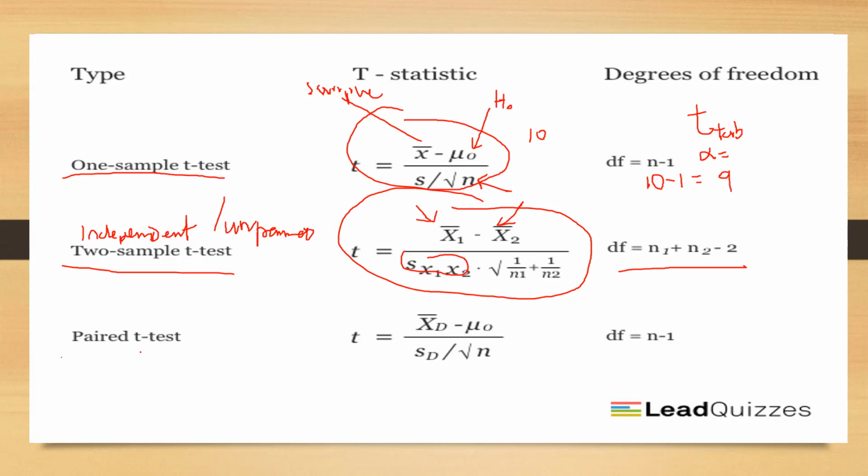While for your paired sample, which is the last one, this is the formula. You first of all calculate your X bar, your difference in mean. This is the difference in mean. This is your hypothesized mean or your reference mean.